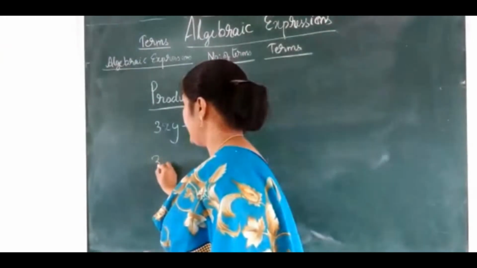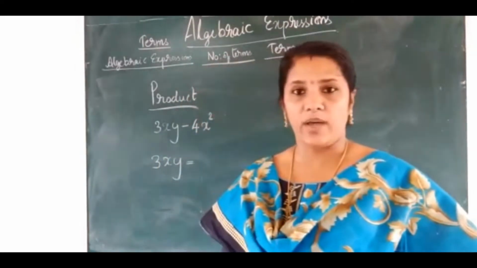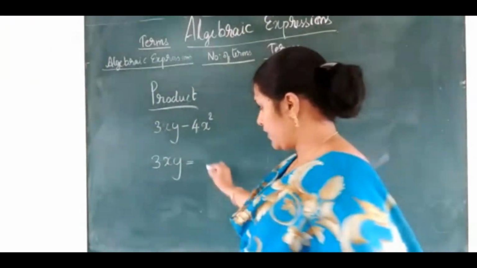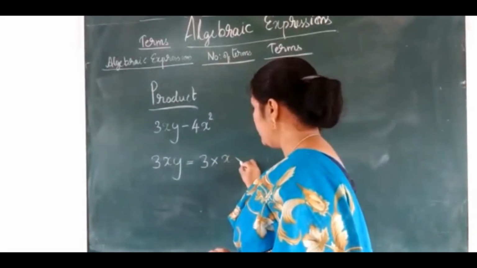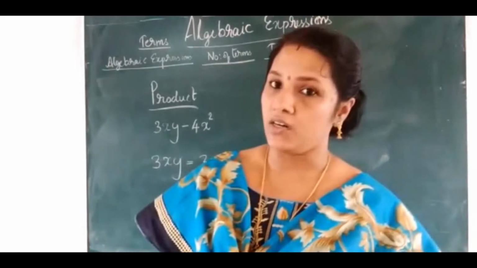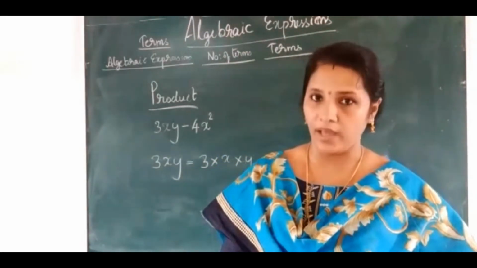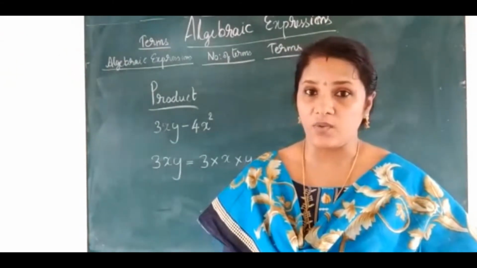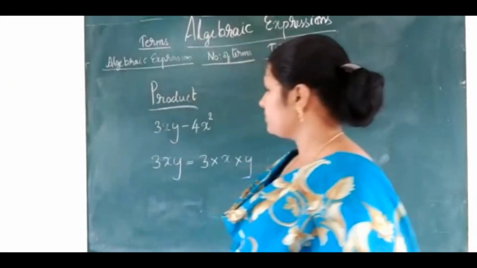The first one, 3xy. 3xy is the product of 3 into x into y. So, when you multiply the constant 3 and the variables x and y, we get 3xy.